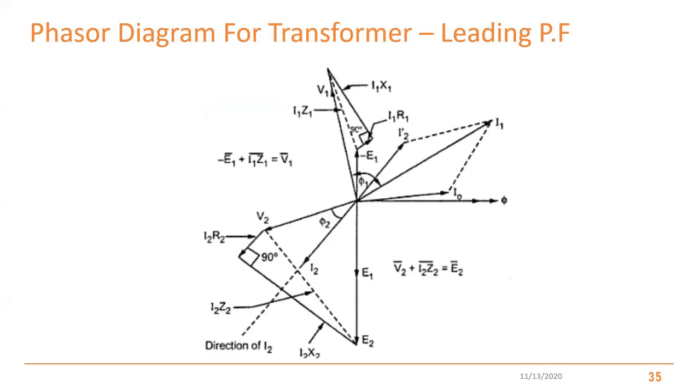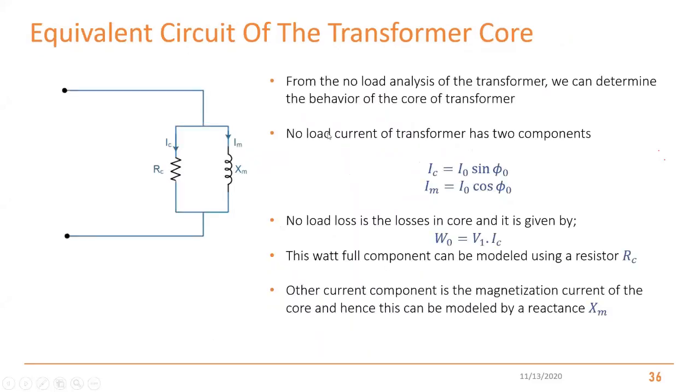But when you are drawing a phasor diagram, it is a graphical method, not a very analytical method. What we want is to get an equivalent circuit of the transformer, so that we can use analytical methods to calculate parameters rather than a graphical method like phasor diagrams.